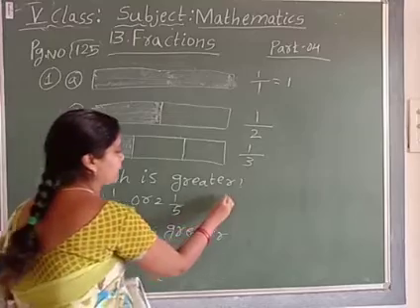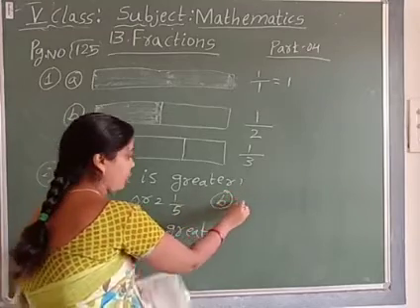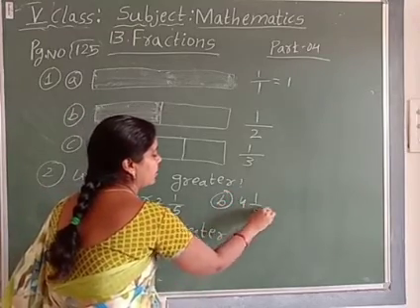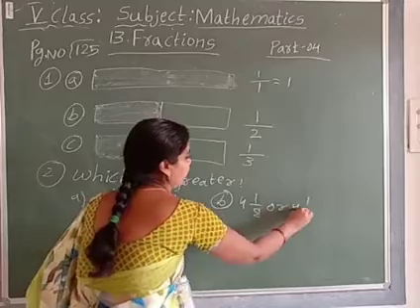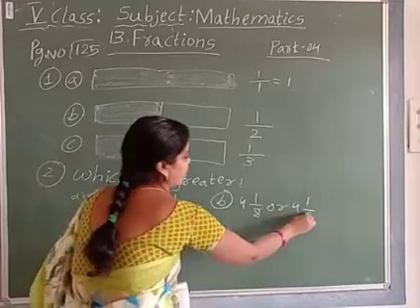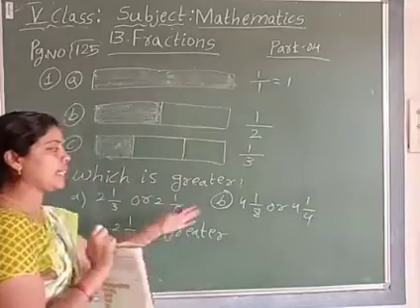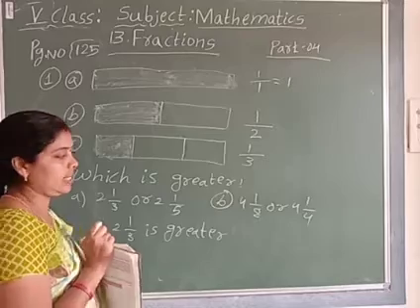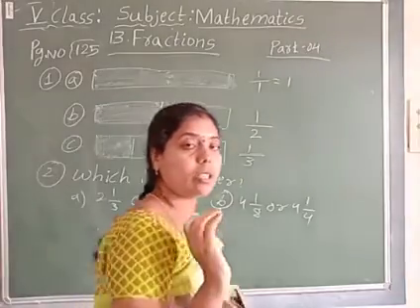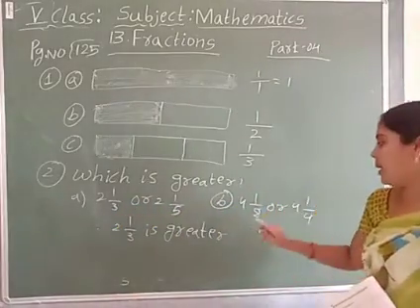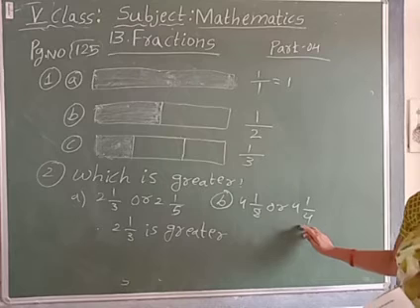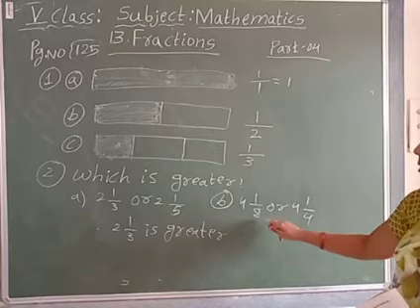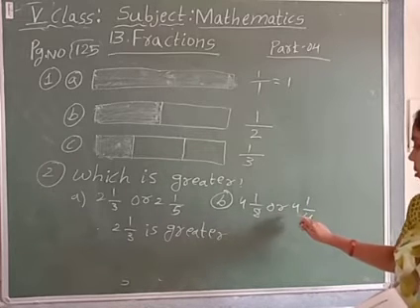So I am saying another example. 4 1 by 8 or 4 1 by 4. Which fraction is the greater fraction? Check the denominator place. If the denominator is big, that fraction is smaller.